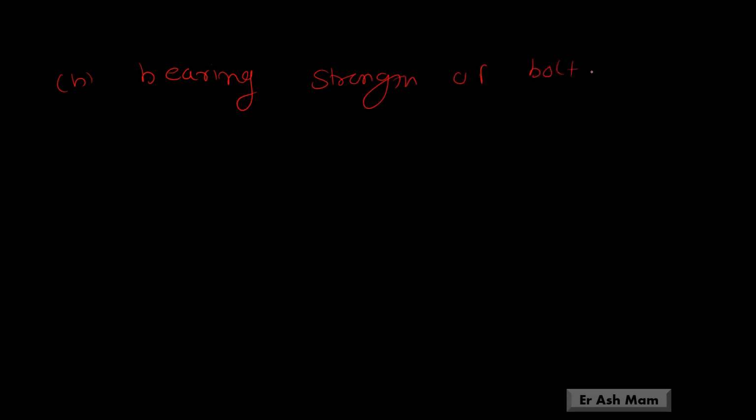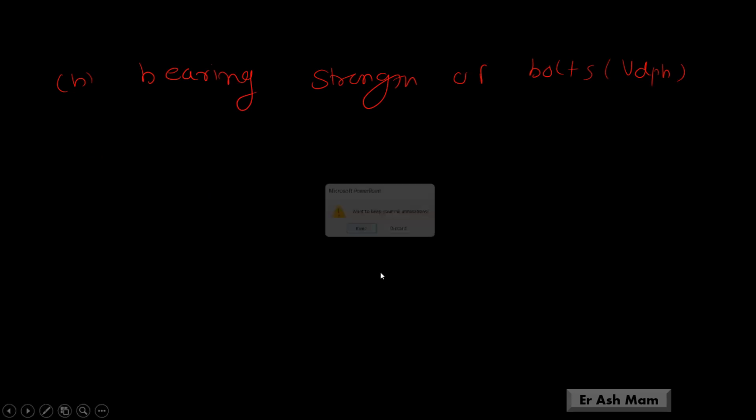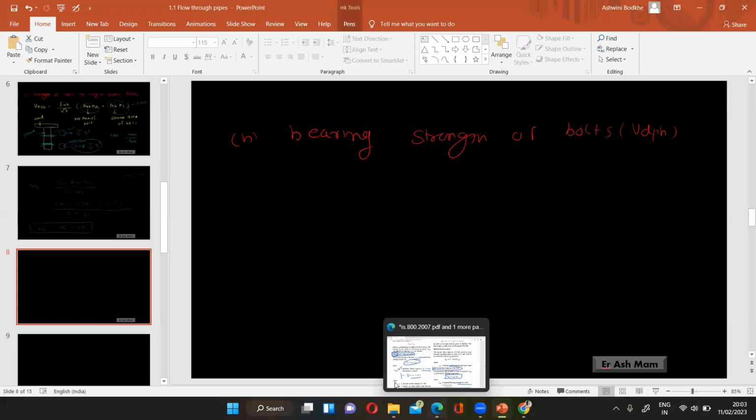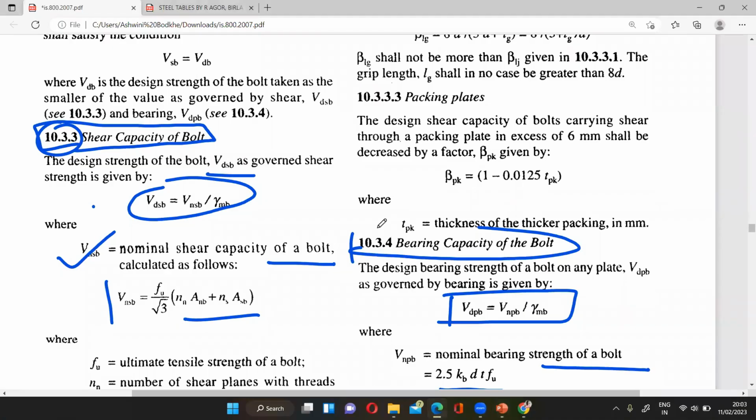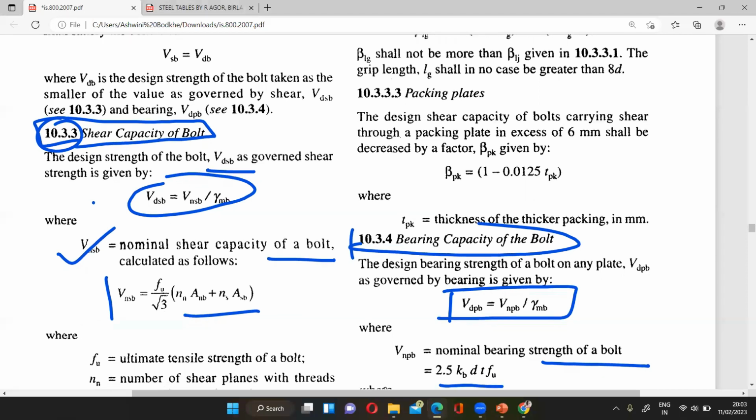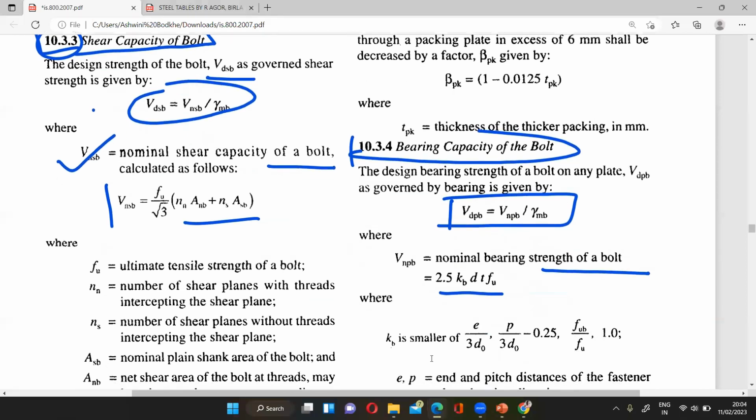Next, second is bearing strength of bolt, that is VDPB. You can see here in IS code, clause number 10.3.4.